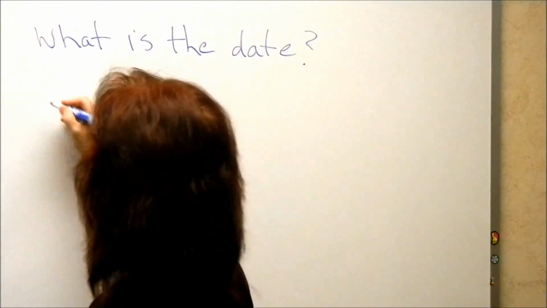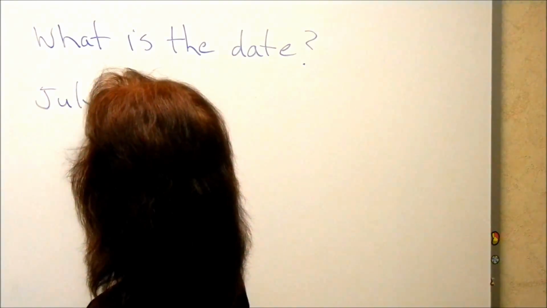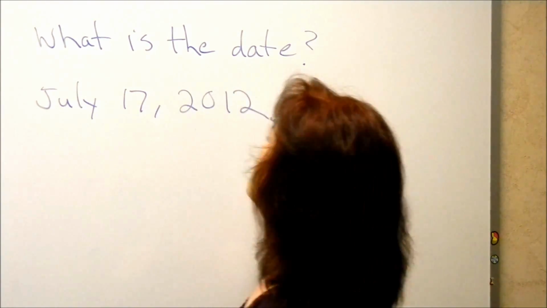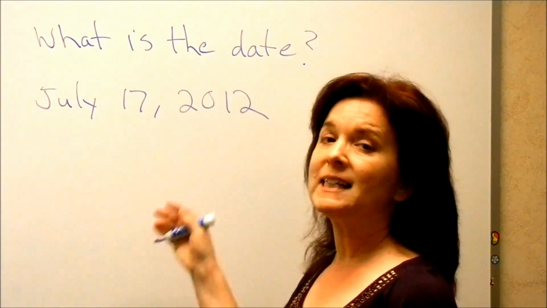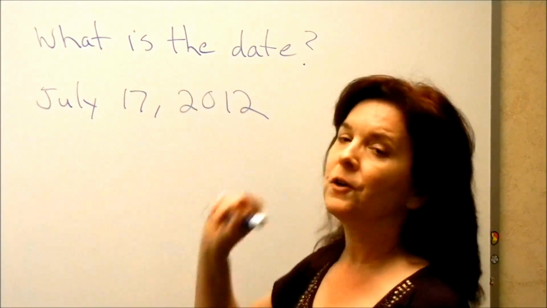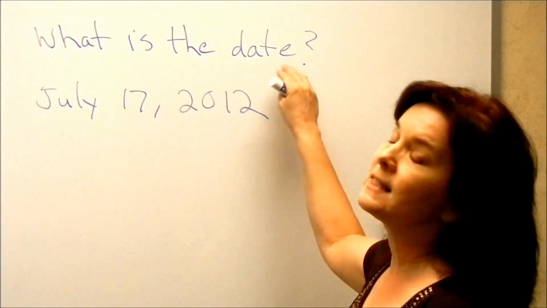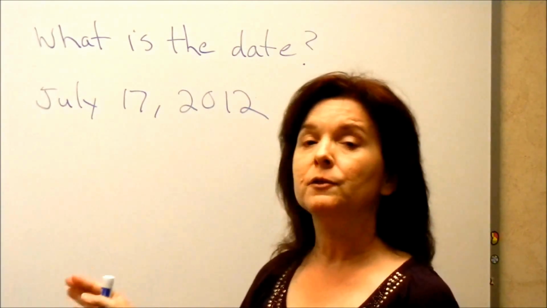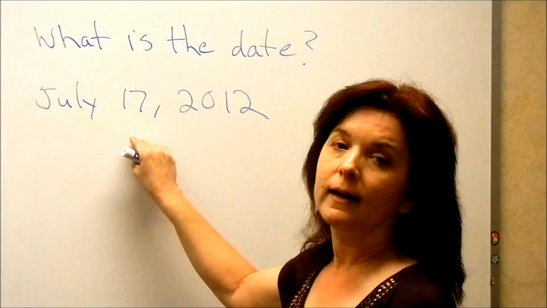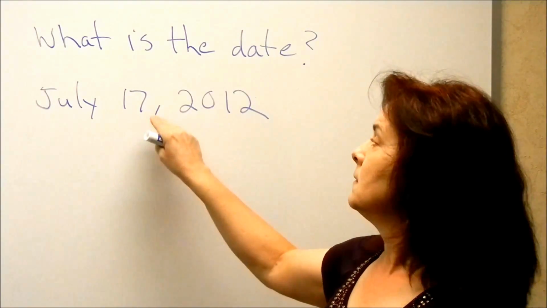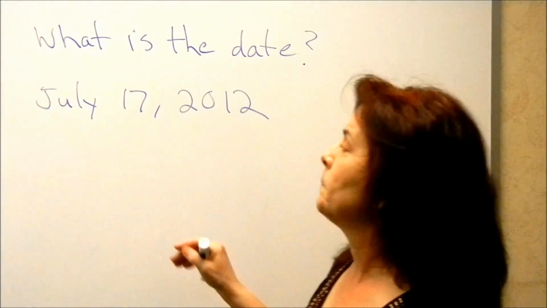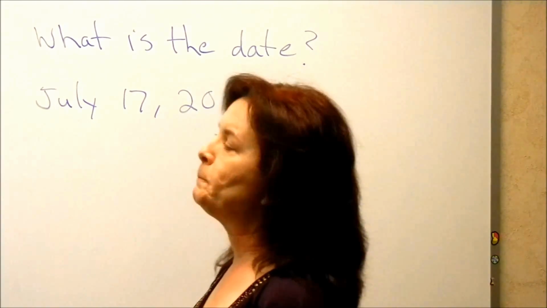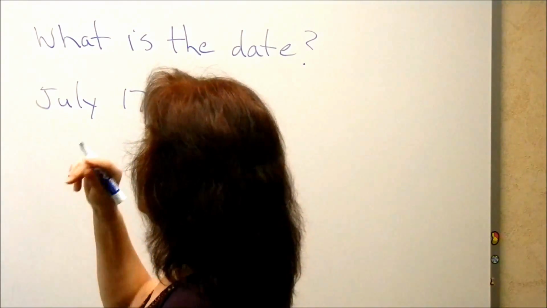The answer is July 17th, say 2012. July 17th, that's the date. If he wants to know the day of the week, he will say, what's the day? What day is it? He won't ask you for the date. If he asks you for the date, you need a month and a date. An ordinal number date in that, okay? July 17th, 2012. Okay? All right.